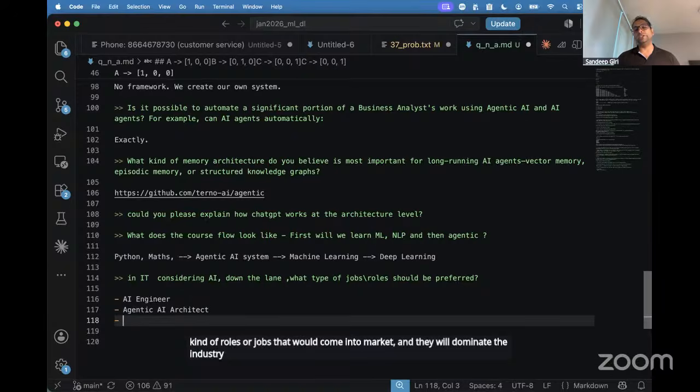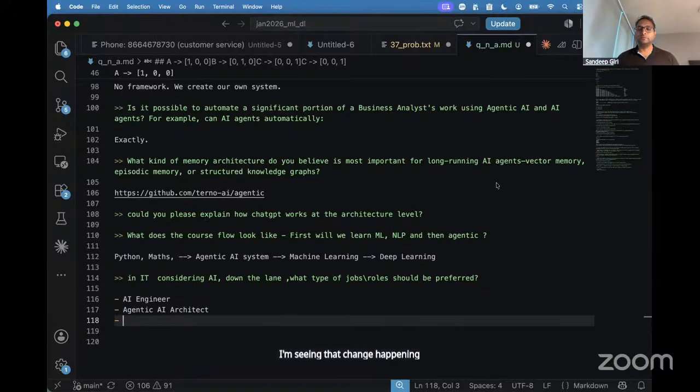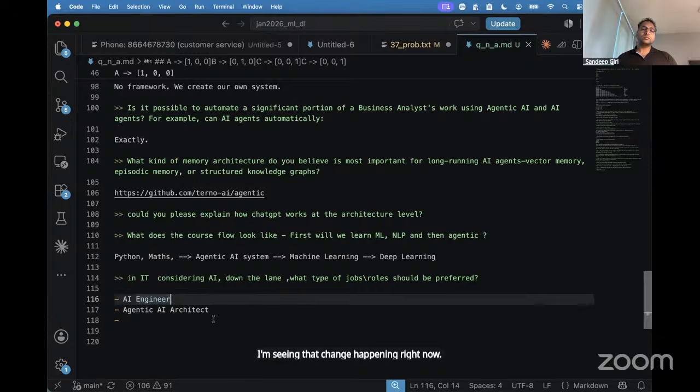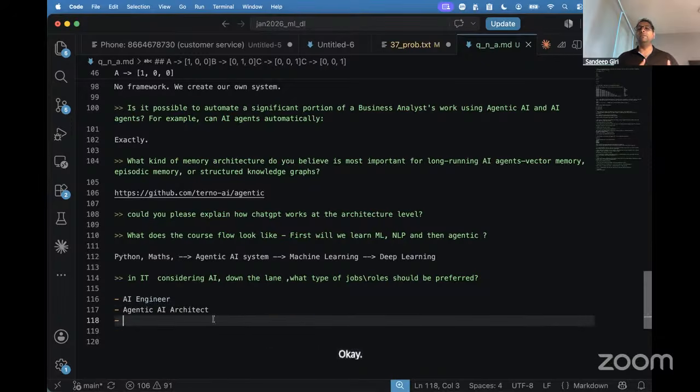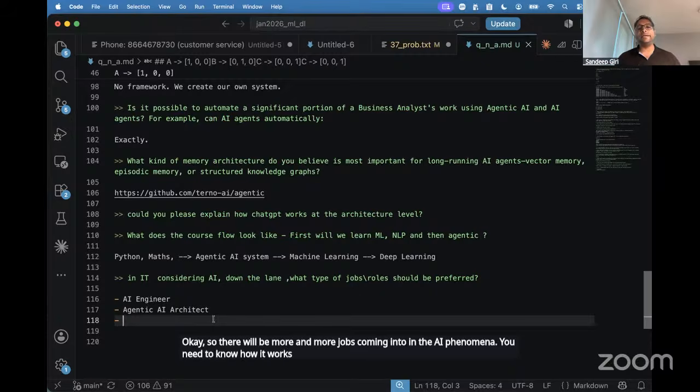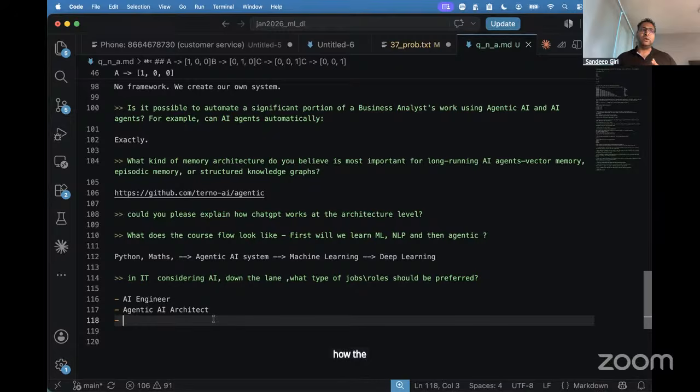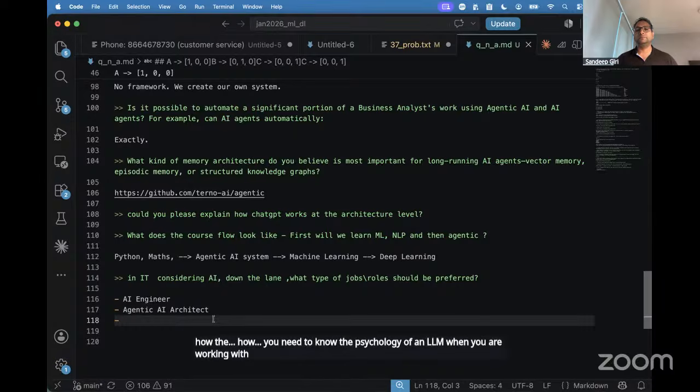I'm seeing that change happening right now. There will be more and more jobs coming into the AI phenomena. You need to know how it works. You need to know how an agent works. You need to know how machine learning works. You need to know the psychology of an LLM when you are working with them.